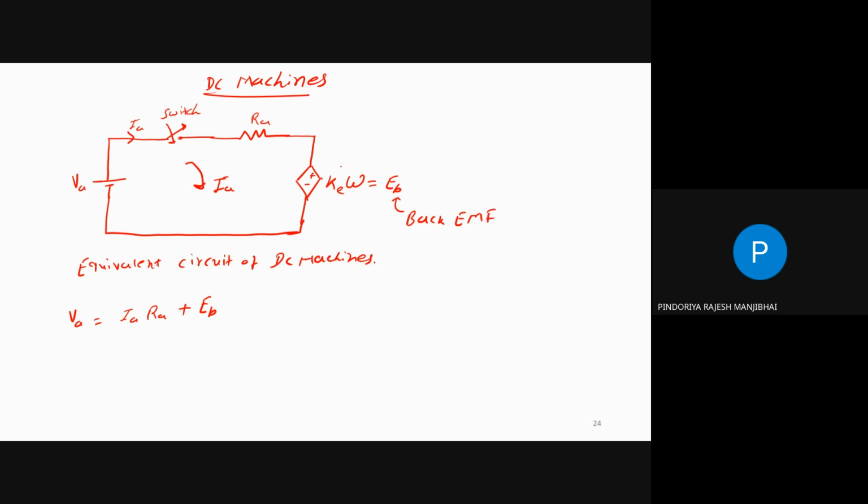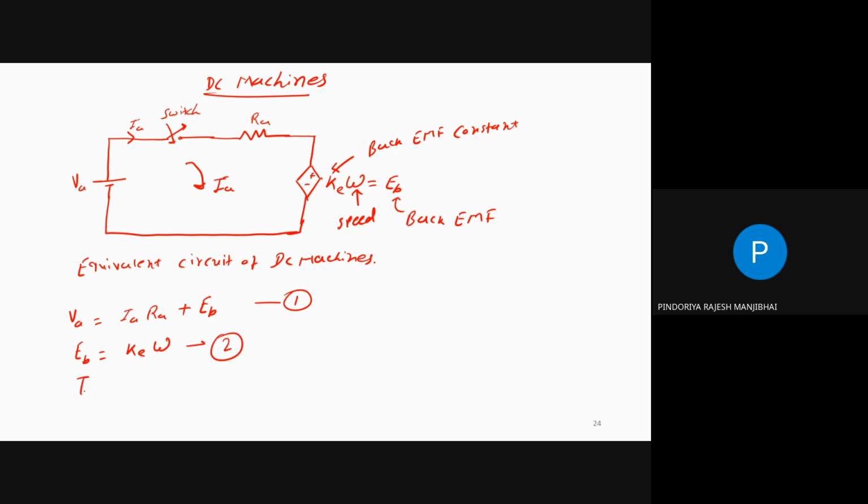And K is nothing but the back EMF constant, and omega is nothing but your speed. So you can see the simple voltage equation for this circuit. VA is equal to IA RA plus EB. So we can say equation number 1, correct? And EB is nothing but K into omega, equation number 2.